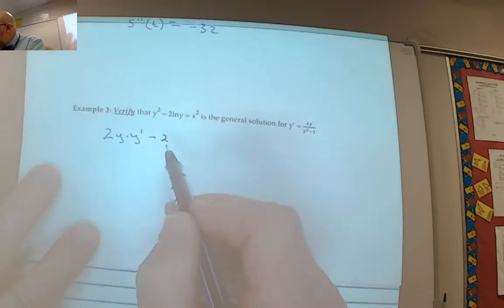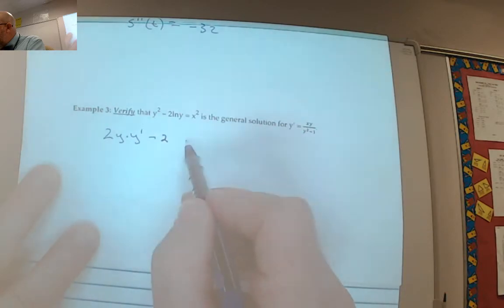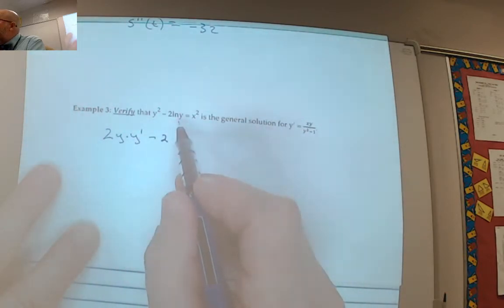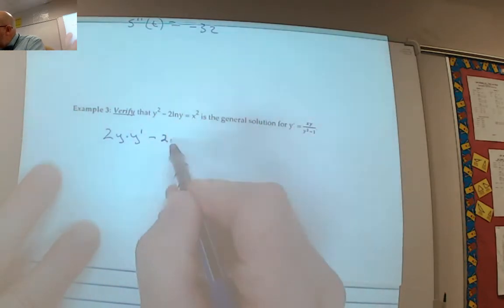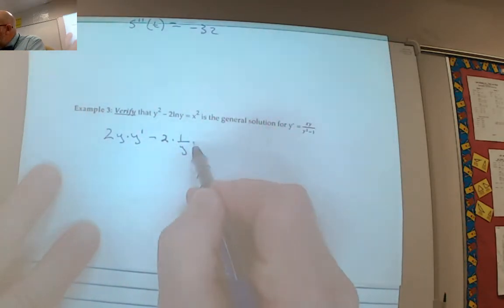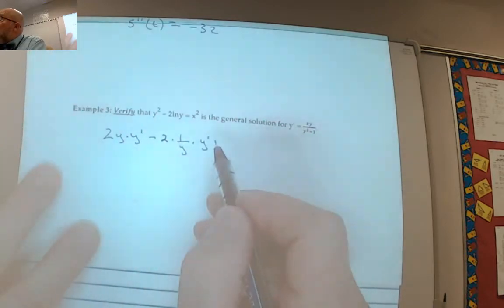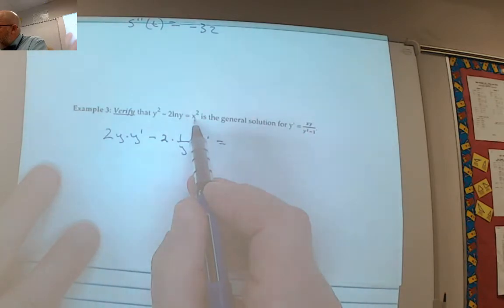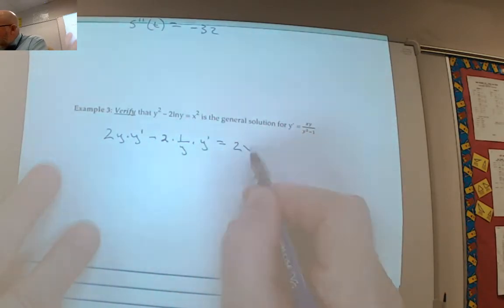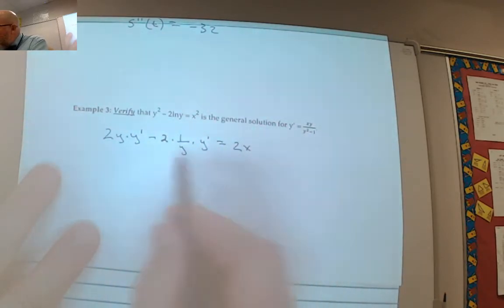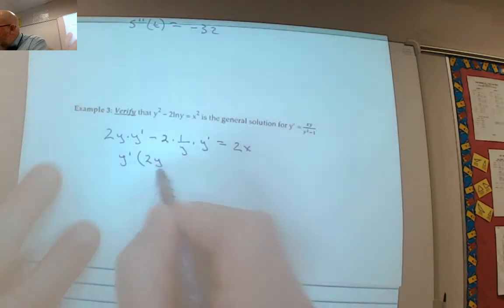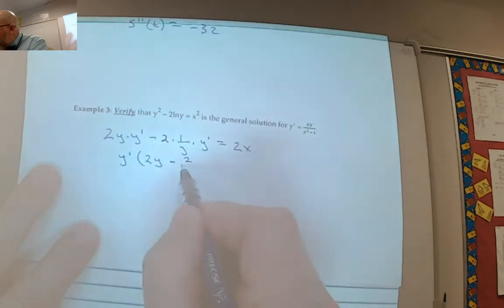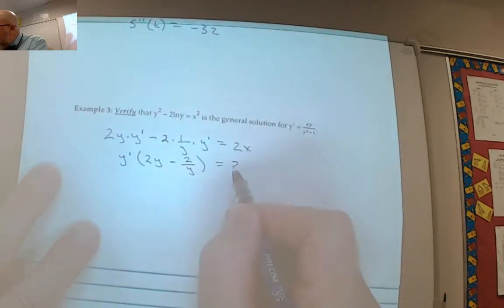Well, 1 over y, perfect, times y prime. Are you okay? All right. And then Maria, the derivative of x squared? 2x. So I'm going to factor out a y prime, and I get y prime times 2y minus 2 over y equals 2x.